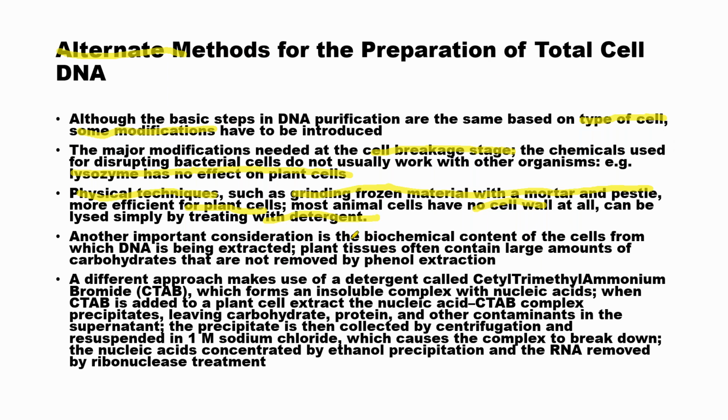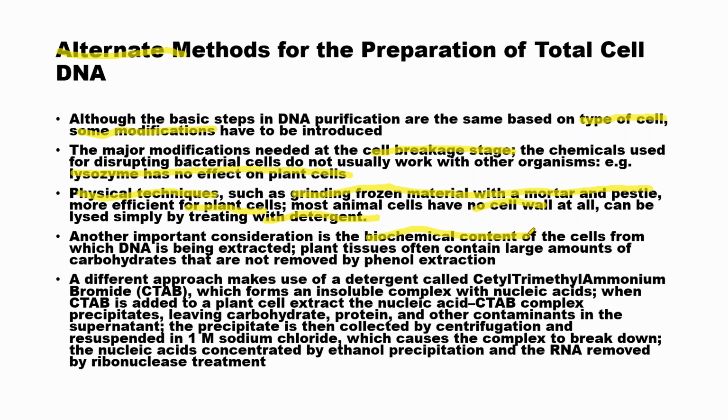Now another important consideration is the biochemical content of the cell. So first, we considered the cell structure: bacterial cell structure, plant cell structure, animal cell structure. Next, we are going to consider the biochemical content of the cell.